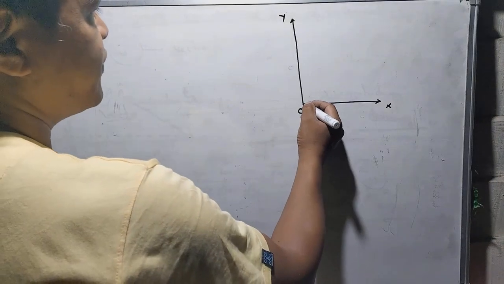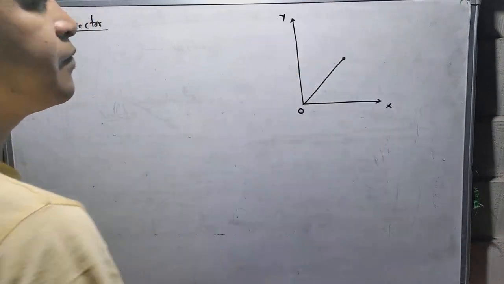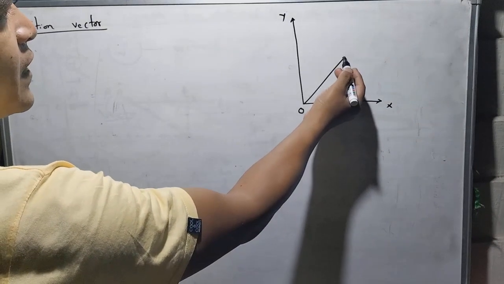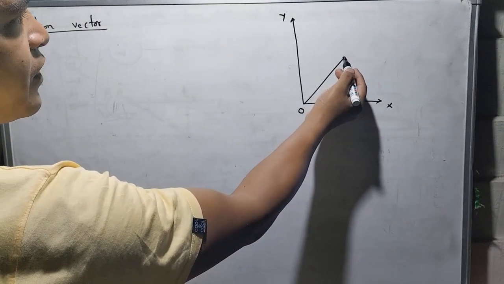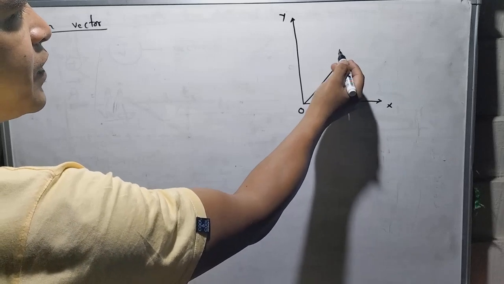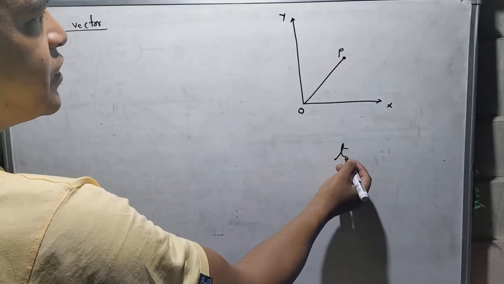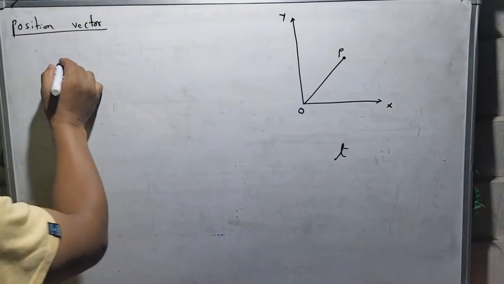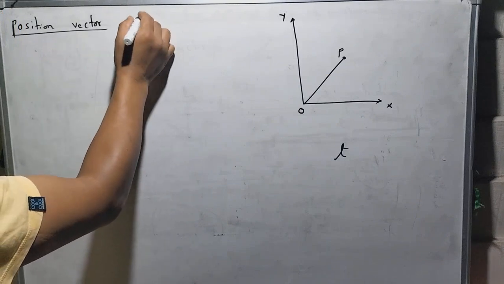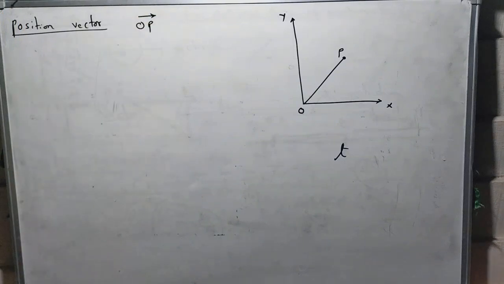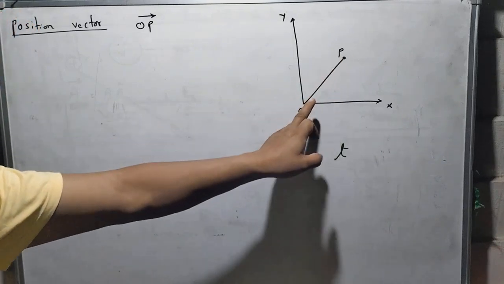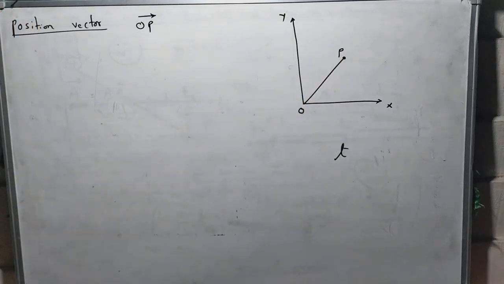Suppose the object is moving in this plane, and at a time t, the object is at this point P. Now this line OP, this OP with an arrow, is known as the position vector of the object with respect to the origin.